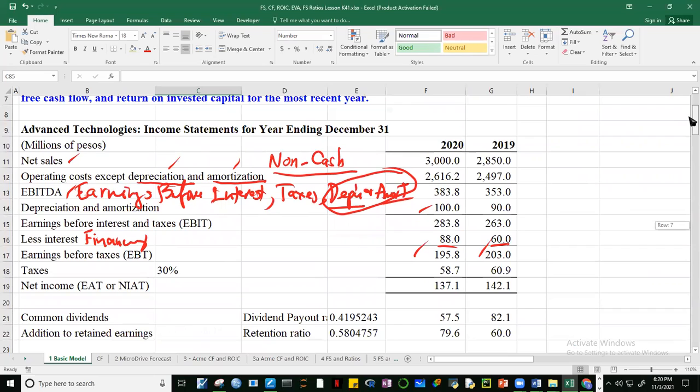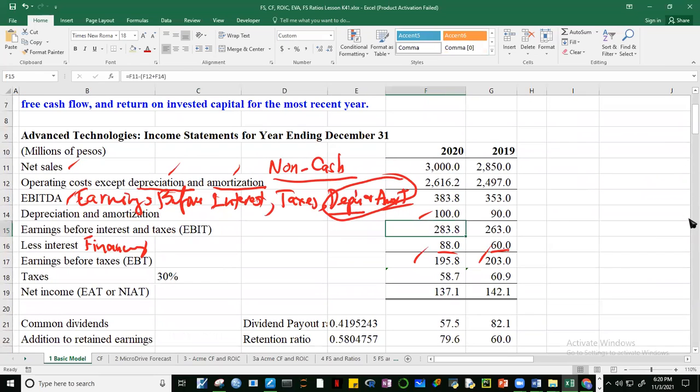So just by way of example, guys, when you say EBIT, that's operating profit. Why do you call that operating profit, this 283.8? Because in order to arrive at your EBIT, we start with sales and deduct all the operating costs. This is operating cost excluding depreciation and amortization, and we explained why we exclude depreciation and amortization last time. And here is your depreciation and amortization.